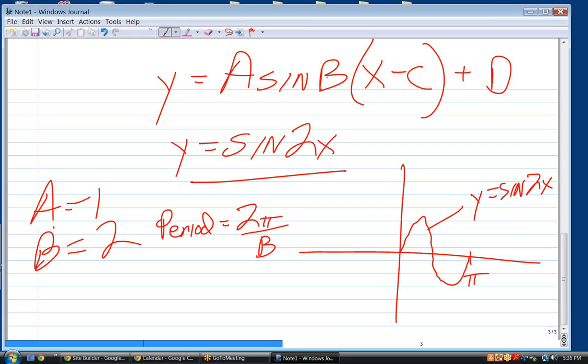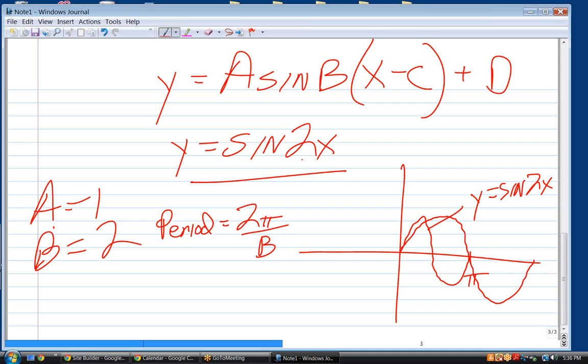And notice that when b is a number greater than 1, it has the effect of a horizontal shrink. In other words, this curve would have looked like this, and I've basically smushed it together by a factor of 2.